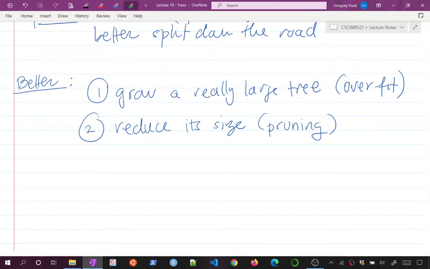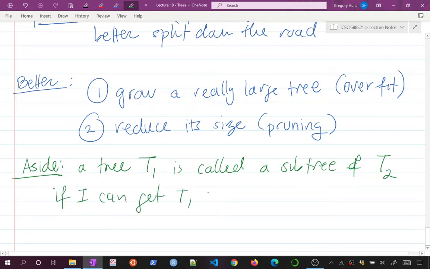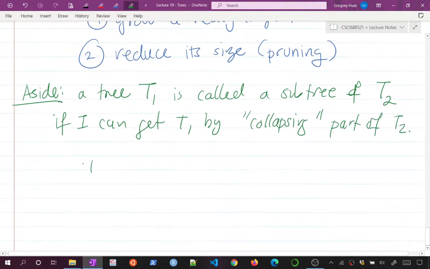As a little bit of an aside here, just some graph theory: a tree T1 is called a subtree of some other tree, T2, if I can get T1 by basically collapsing part of T2. So here on the left is maybe my T2 tree, so maybe it looks something like this.